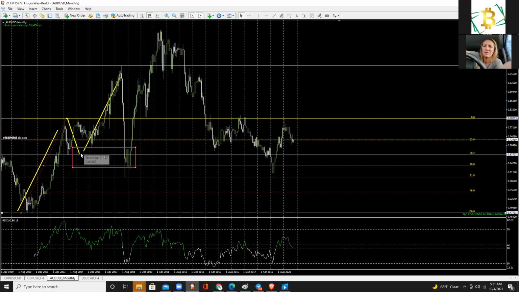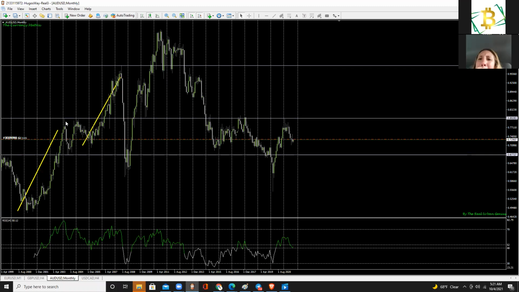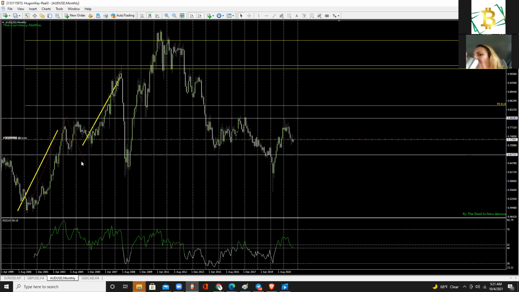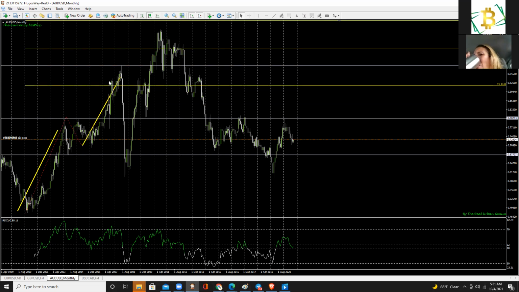But this original bounce was actually here at the 23. Of course, the 23 on the Fibonacci is an indication for a continuation, which brought us to our expansion, swing low, swing high, down to the retracement.